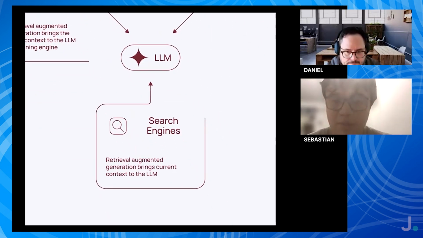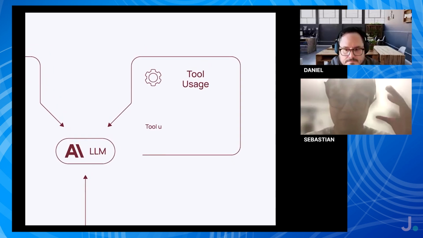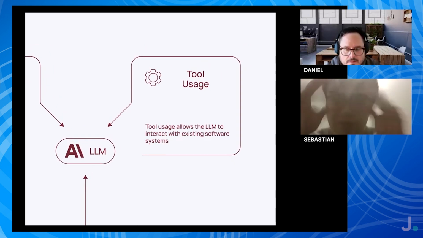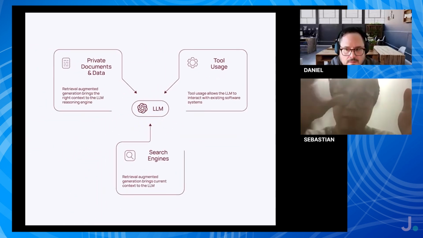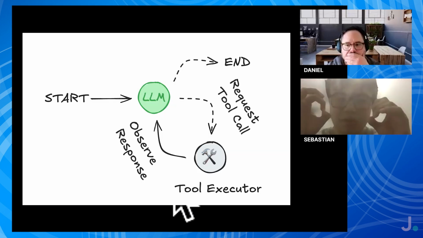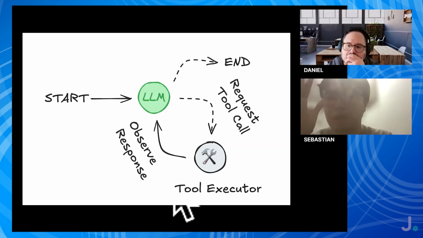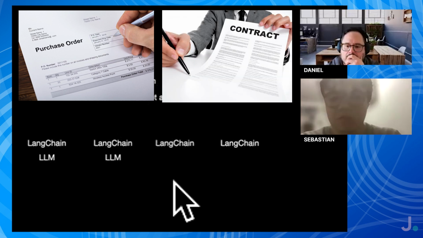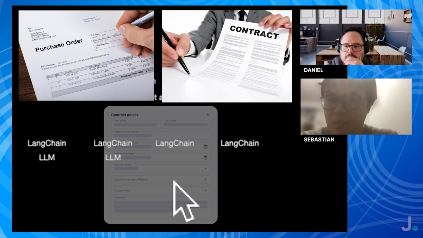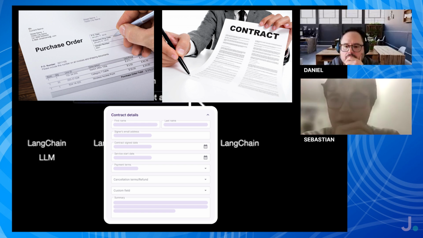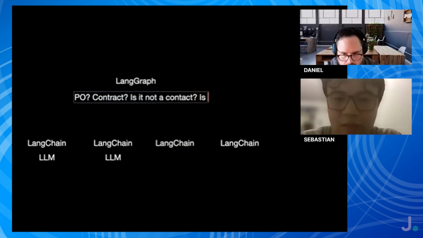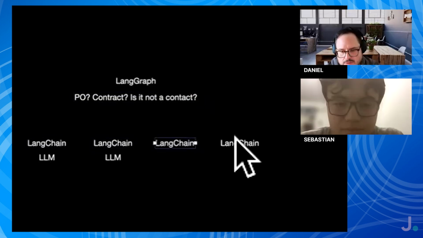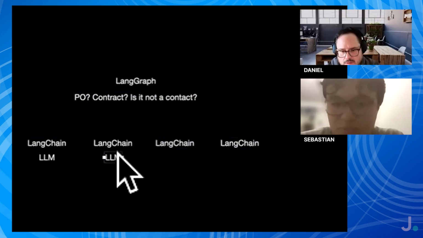So in reality, we have a graph that is connected and has all the steps that we want to follow, but in each one of those nodes, there is an LLM, and the LLM is the one that says, okay, this seems like a purchase order, or maybe this seems like a contract, and then, okay, this seems like a new contract. That's an LLM. And LangGraph provides all the infrastructure to connect all of those nodes. These are nodes? Yeah, totally.